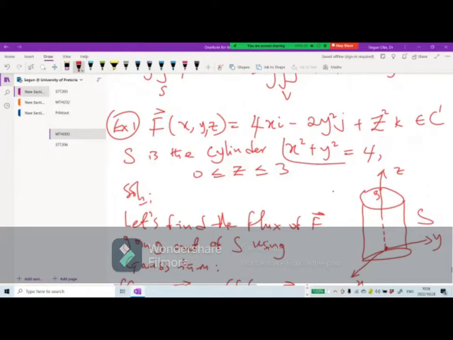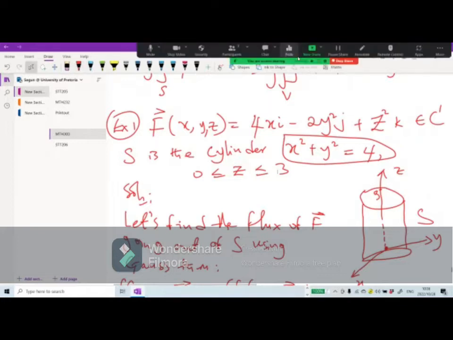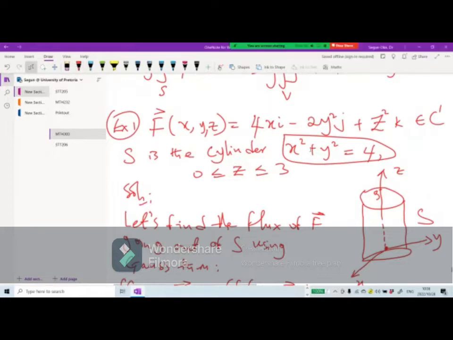You remember this? Remember, it's more or less an equation of a circle: x squared plus y squared equals r squared. So we can make this 2 raised to power 2 in order to be r squared this way.